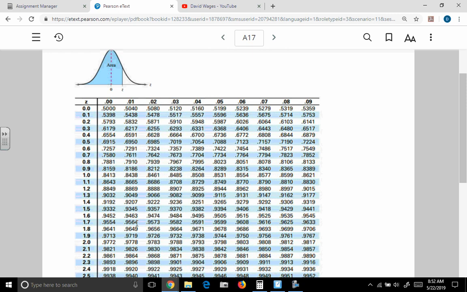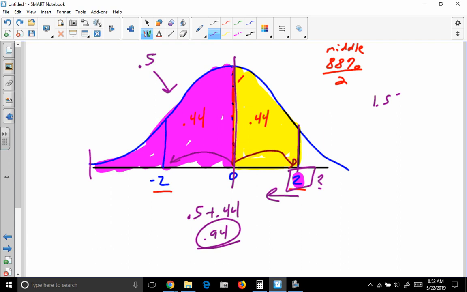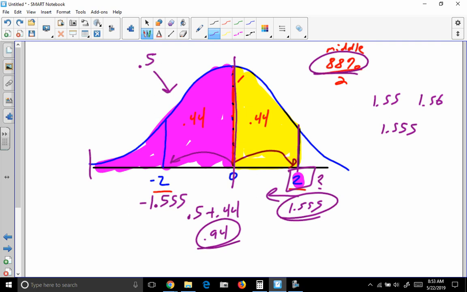This one is 1.55. This one is 1.56. So halfway between 1.55 and 1.56 is 1.555. So that is the upper z value. This one is the same distance to the left, so that'll be negative 1.555. So between those z values, we'll have 88% of our data.